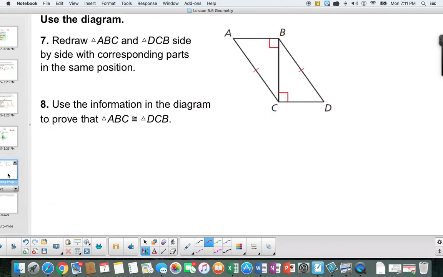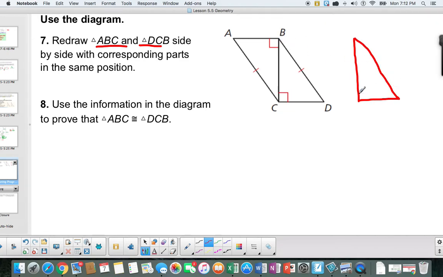All right, let's take a look at this picture. You can see these are two right triangles, and it says redraw. So I'm going to take this drawing right here and redraw it so it looks like it's facing the same direction.